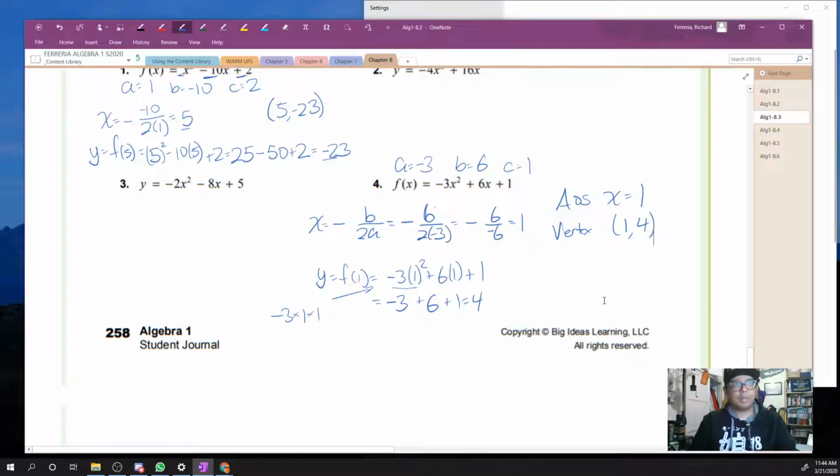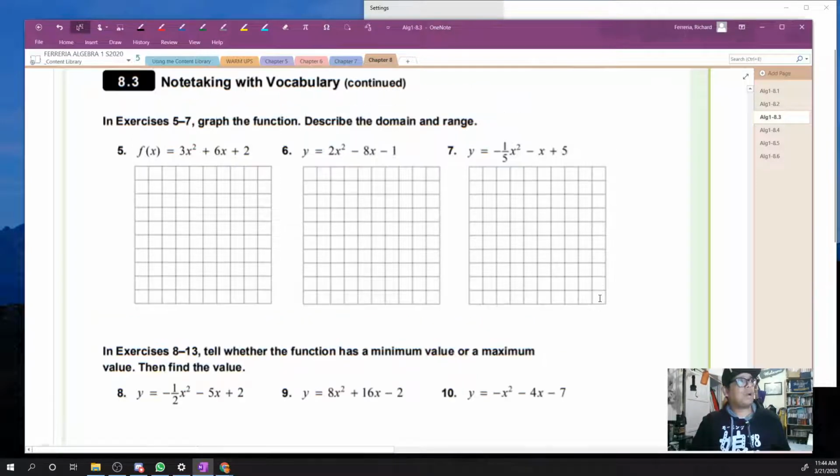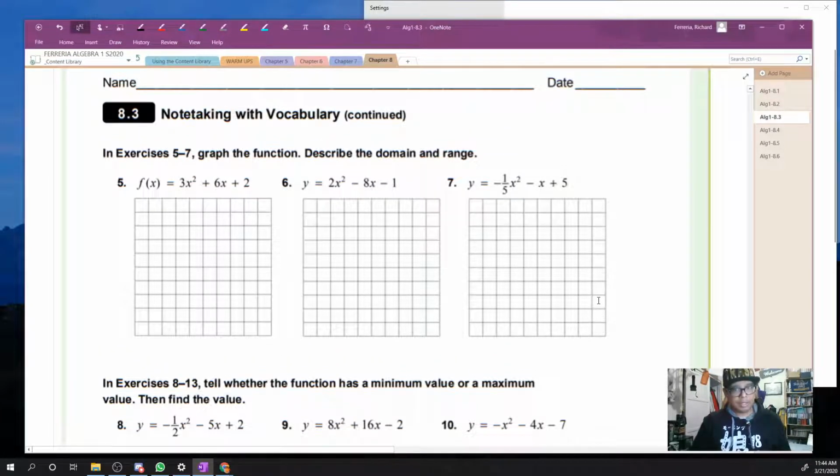Sweet. Next: graph the function, describe the domain and range. Let's do this one first. A equals 3. B equals 6, C equals 2. First of all, let's find the vertex and the axis of symmetry.